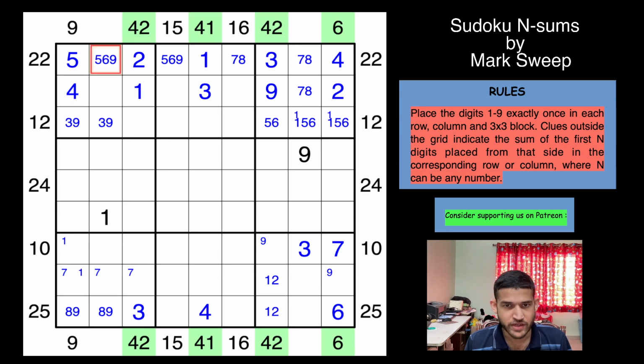So 5 and 9, so that gives a 6 here. That gives a 9 here. These two become 7, 8 pair. And look at this row. This becomes a 5, 6 pair.